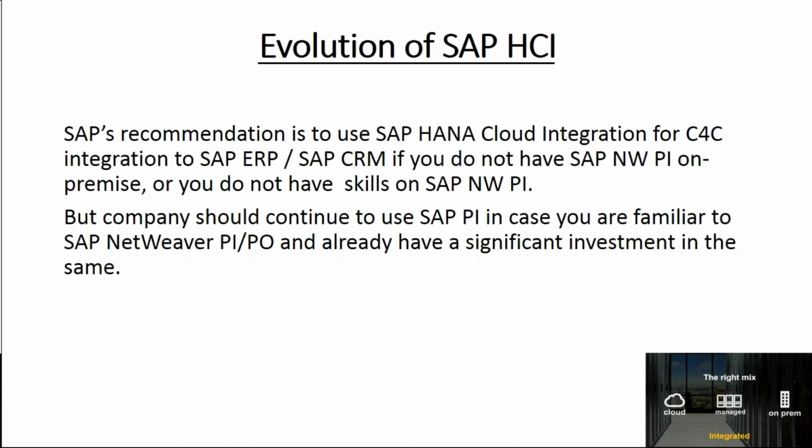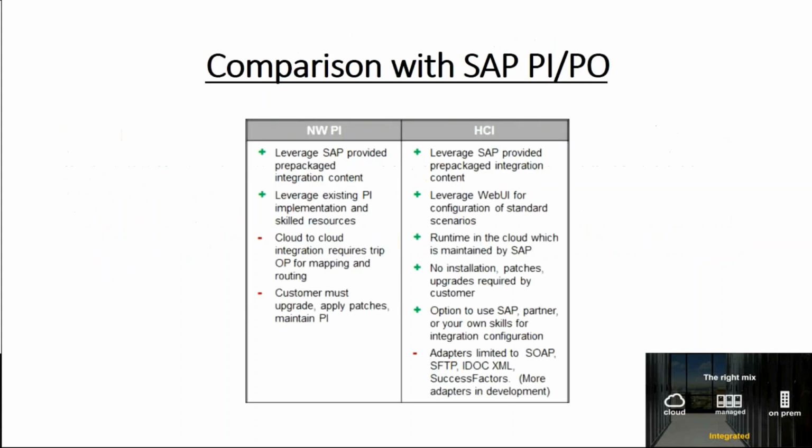If they require specific integration adapters like EDI adapters, Java messaging adapter, JDBC adapter, then also they should go with the PIPO rather than coming into HCI, because these features are still not yet available in the HCI.